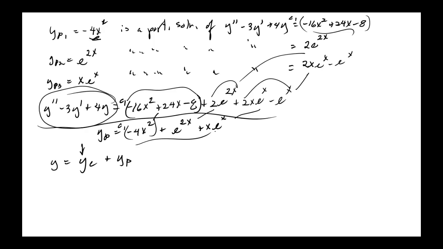So homework exercises, going back to 4.1.1: do any of the odds, either 1 or 3, if they're in the back of the book. Any of the odds, either 5 or 7. Number 9, number 11, number 13 if they're in the back. 4.1.2, the homogeneous parts: any of the odds 15 to 21, and 23 to 29 if they're in the back.